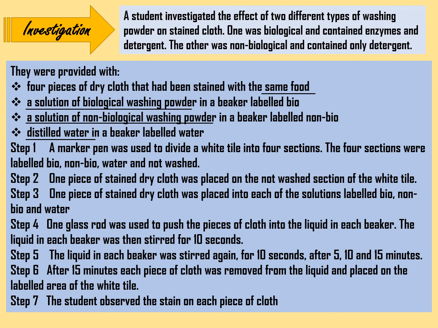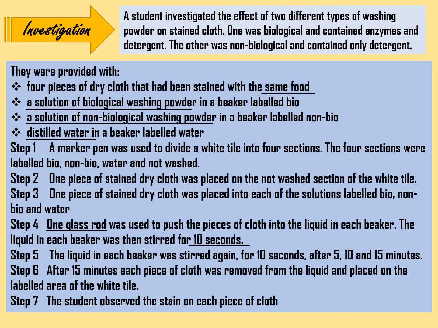In step number 3, one piece of the stained dry cloth was placed into each of the solutions labeled bio, non-bio and water, and one glass rod was used to place each cloth into the beaker and stirred for 10 seconds.